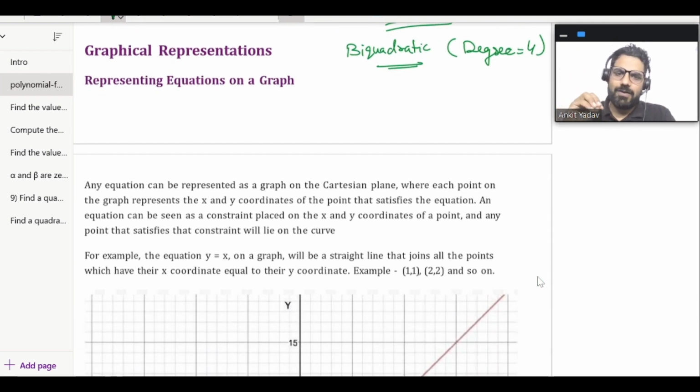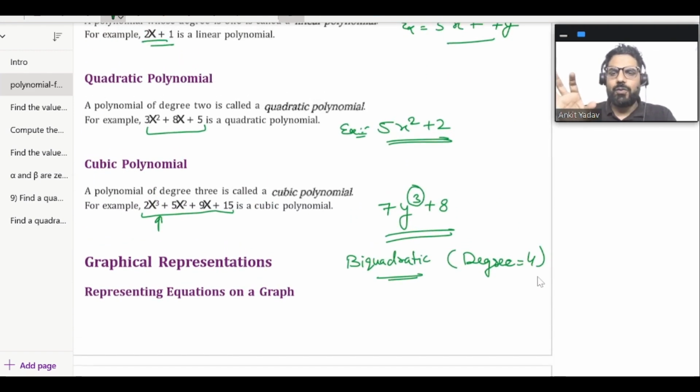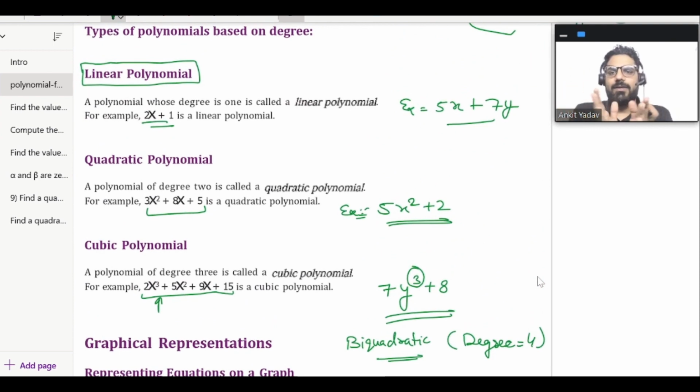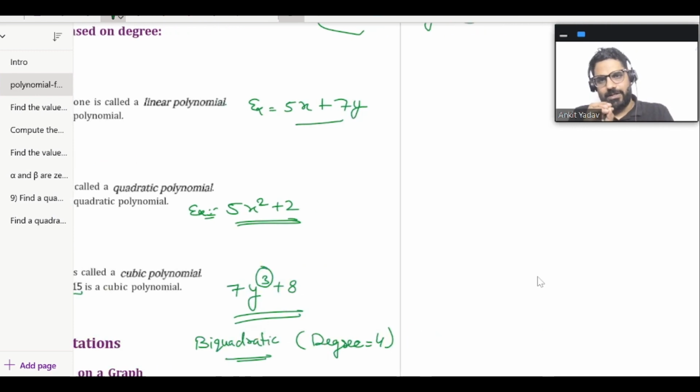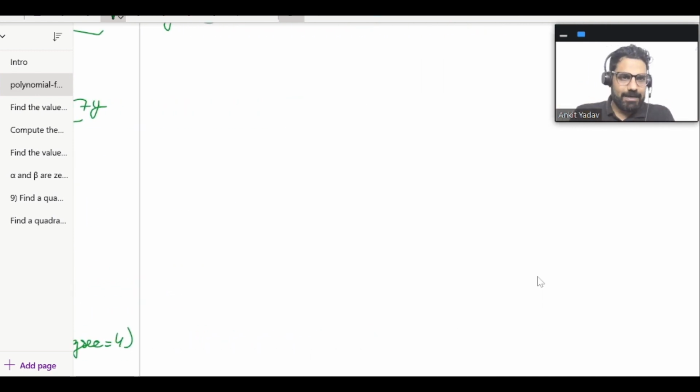Now graphical representation of equations on the graph. So one more thing that is quite related to the degrees, right? So the linear polynomial has maximum power 1, right? So maximum power 1 means the maximum number of zeros would be 1 for a linear polynomial.